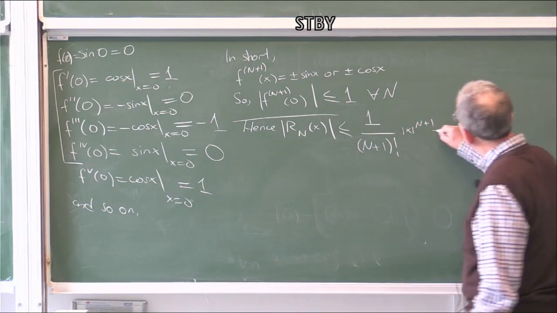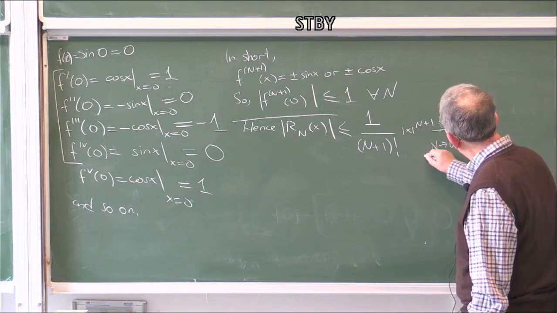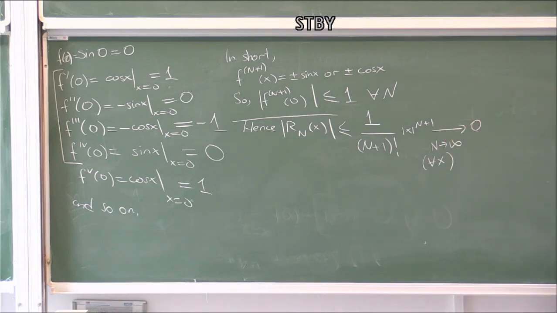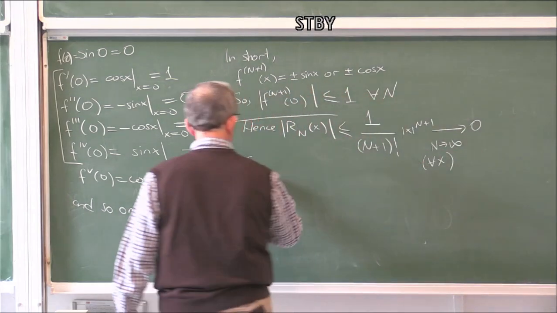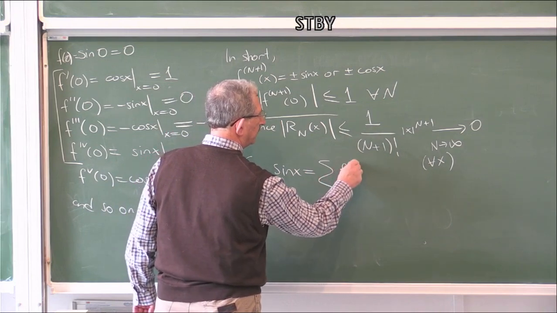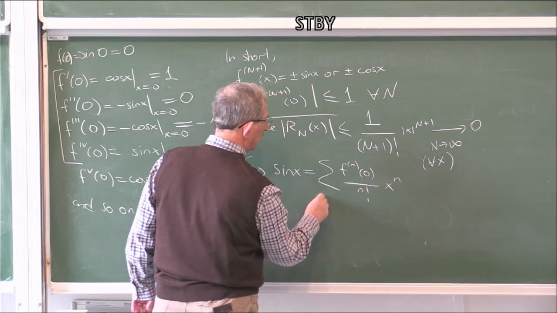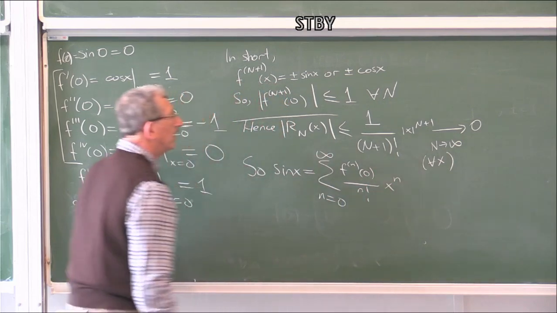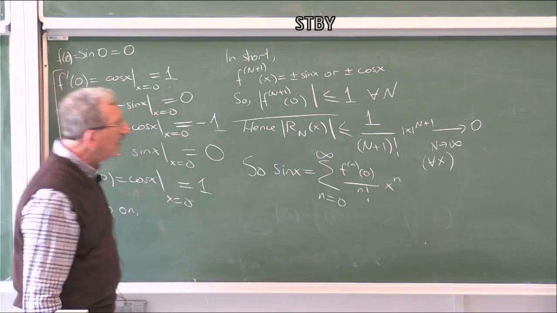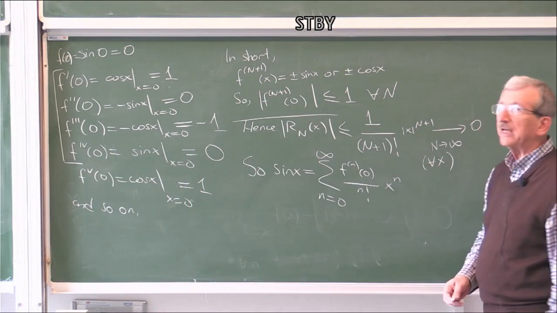When n goes to infinity, this goes to 0 for all x. This tells us sine x is the sum of the nth derivative at 0 over n factorial x to the n, n from 0 to infinity. Now, what is f^(n) of 0? We already calculated that, so we can put those things in place.